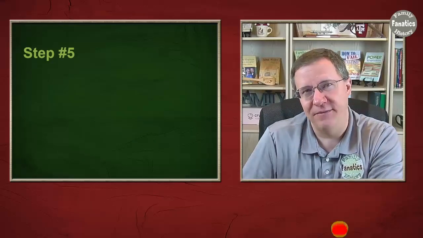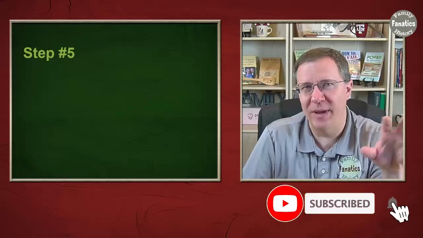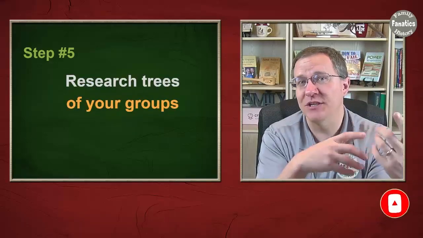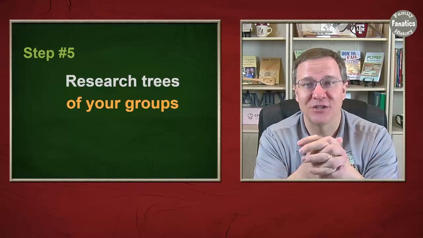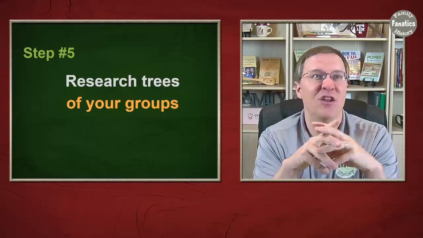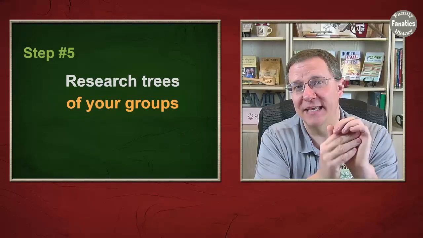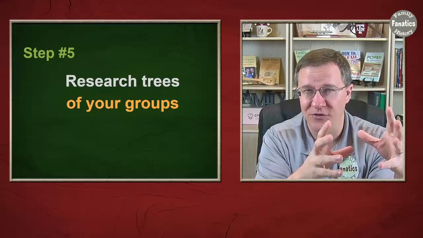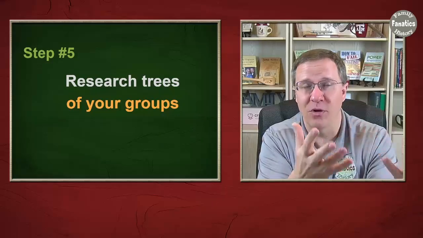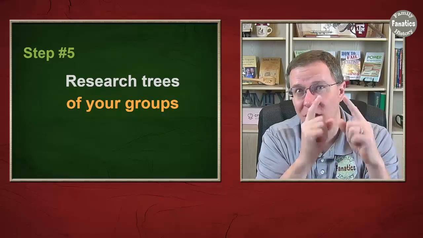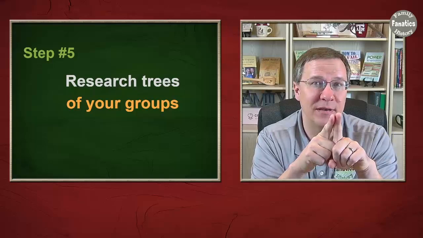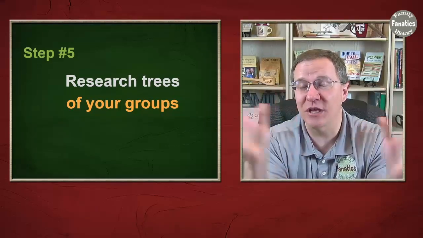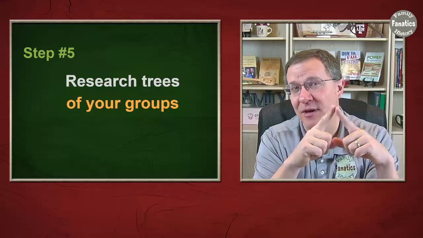So step 5, we've started to divide our matches up into more manageable chunks. We want to start researching the trees that are attached to the people in these groups. Not everybody has a family tree, but if I have a group that we share DNA, we're all part of shared matches, and let's say 3 or 4 of them have family trees that all lead to a single common ancestor, well, there's a good chance that everybody in that cluster is related to that common ancestor.